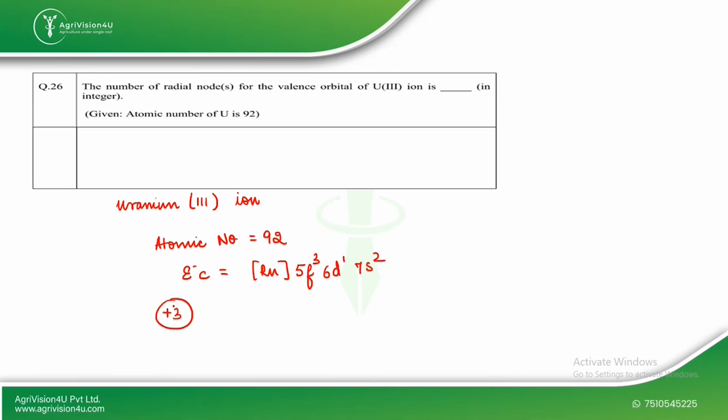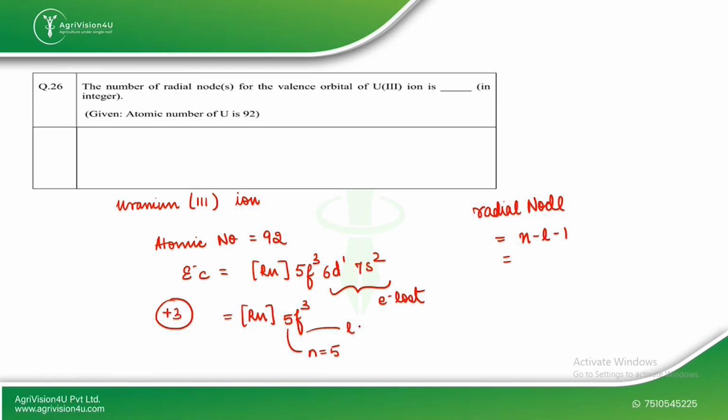When it is present in the +3 oxidation state, it will be radon 5f3. These 3 electrons will be lost. Now they are asking you to calculate the radial nodes. The formula to calculate the radial nodes is n minus l minus 1. The value of n is 5, the value of l is 3, so 5 minus 3 minus 1 will be simply equal to 1. So the number of radial nodes will be 1.